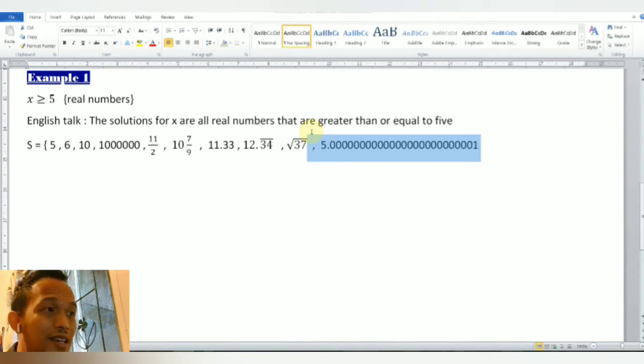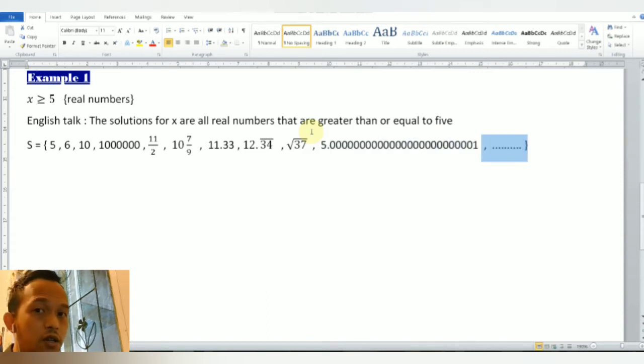Even that is one of the solutions. Can you imagine how many solutions we would have to put into this solution set? It would be a problem if we had to put all possible answers into this. Therefore, for now, the solution set for an inequality, you must put on a number line.